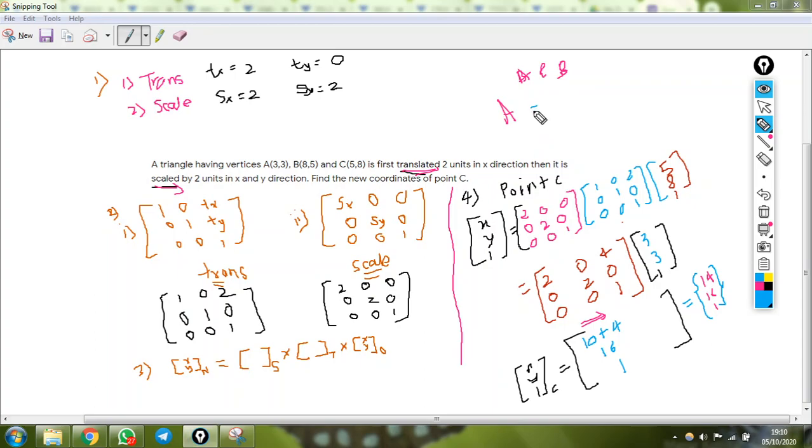Do the multiplication. 2 into 3 is 6, 0 into 3 is 0, 4 into 1 is 4. So 6 plus 4 is 10. So the first is 10. Second, 0 into 3 is 0, 2 into 3 is 6, 0 into 1 is 0. So the answer is 6. And don't worry about the last one, it will be 1. So the new coordinates of the point are 10 and 6.